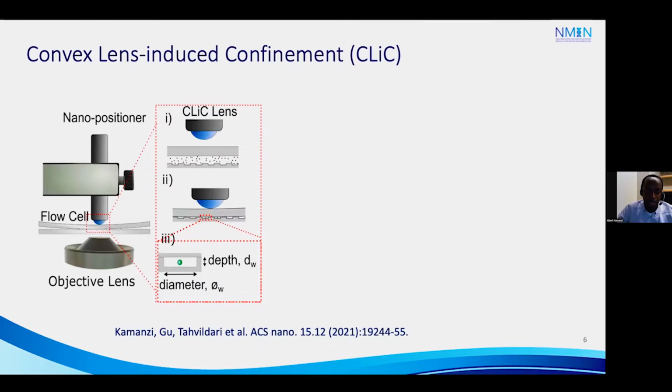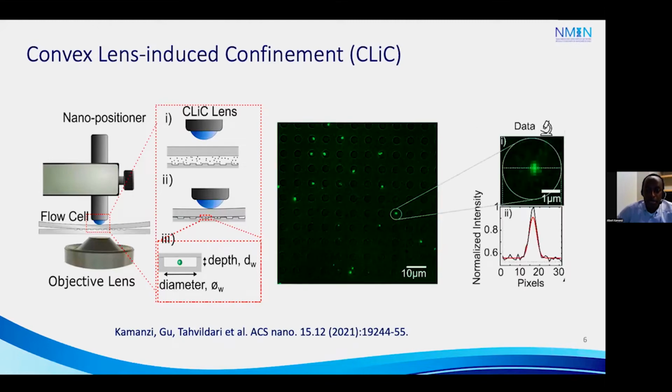This is achieved by initially loading the flow cells with lipid nanoparticles in solution. Then by gently pushing down on the top cover slip, we can trap the nanoparticles in these microwells as shown by the bottom insert. And by trapping these nanoparticles at a single particle concentration, we can then perform single particle tracking on these trapped particles, which are freely diffusing.